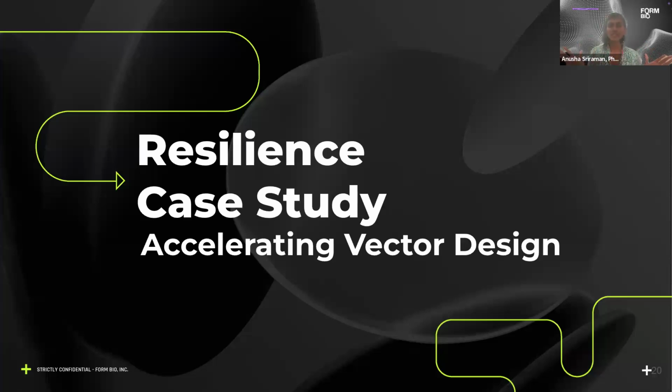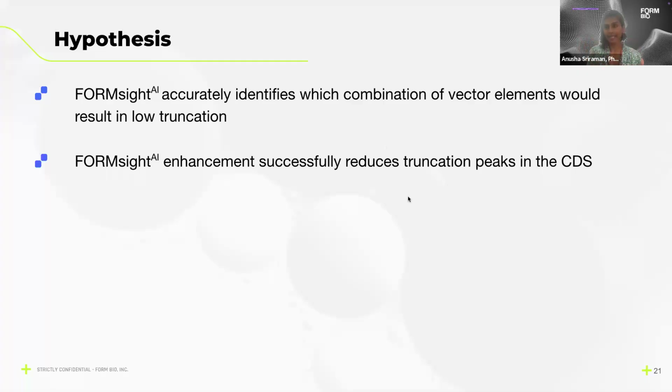Okay, now that we've walked through how FormSight AI helps improve vector design, the next big question is, how does this work in the real world? Let's shift gears and take a look at the real world case study with Resilience. In this case, we investigated whether FormSight AI can be used to streamline the vector design and development process by predicting which genetic elements can perform better for manufacturing AAV vectors.